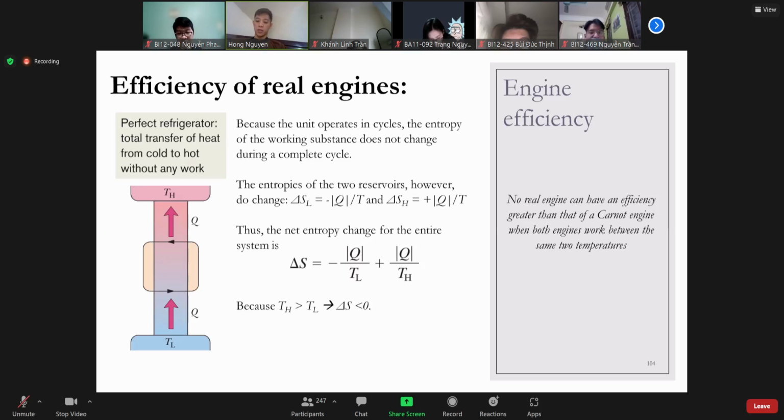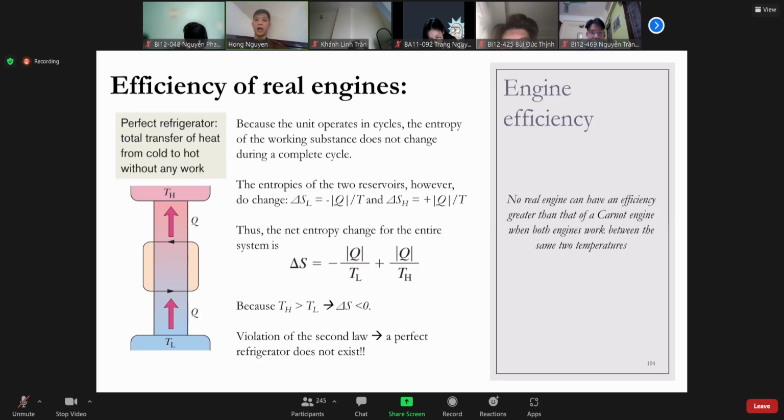Here, what we want to consider is that because the heat from the hot reservoir is higher than the heat from the cold reservoir, then if we replace any value here, we should have a change in entropy that is negative. So this goes against the second law, right? Then this is really a violation of the second law.